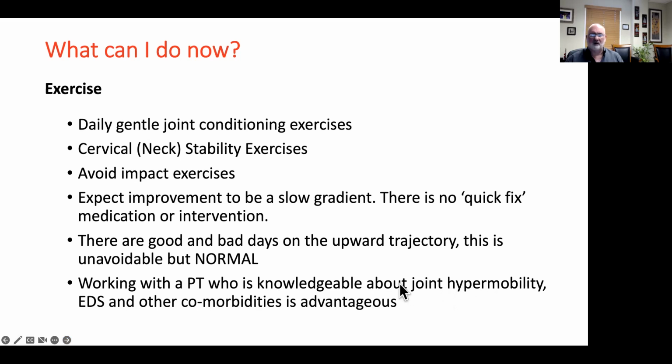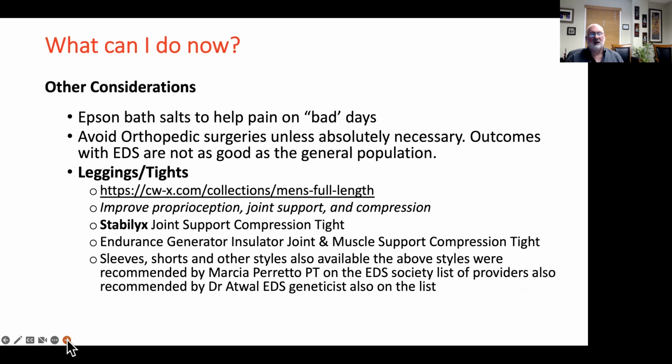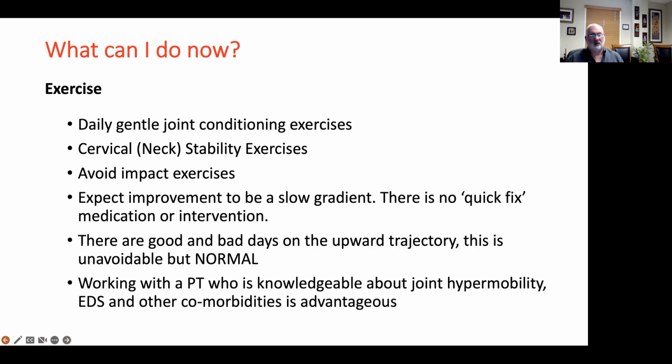There are several protocols that we recommend. The Muldowney Protocol is one. Kevin Muldowney has a book, a website, and a lot of YouTube videos that you can look at. Basically, you need to be working on the joints that sublux the most, or hurt the most, or spasm the most. There's another lady, Jamie Devon, who has a website for patients with EDS.